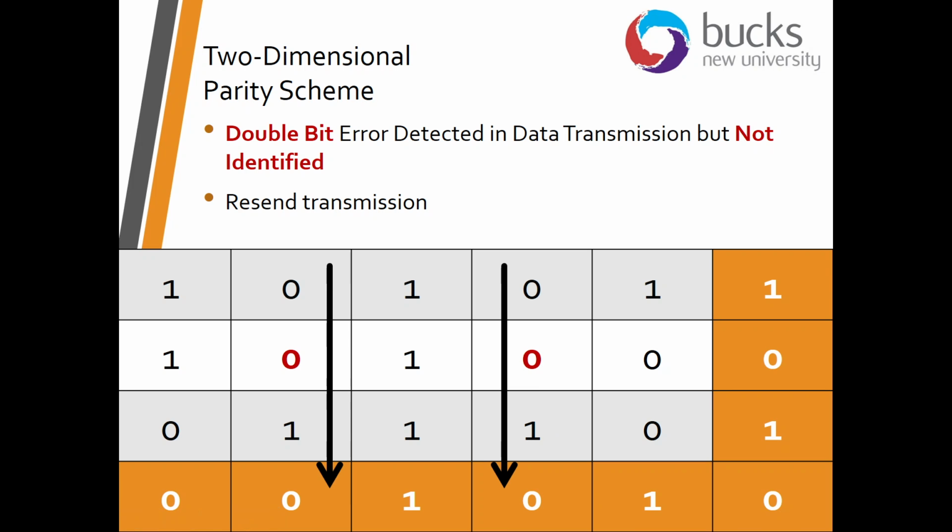We couldn't detect which bits they are, though, because we don't have that intersecting row, and we have two errors within it. So with double transmission errors we can't locate them, but we could ask for a resend of that transmission. That's what we would do.